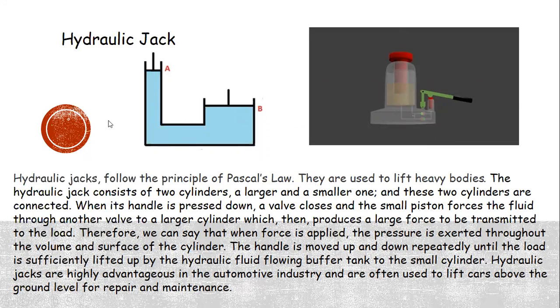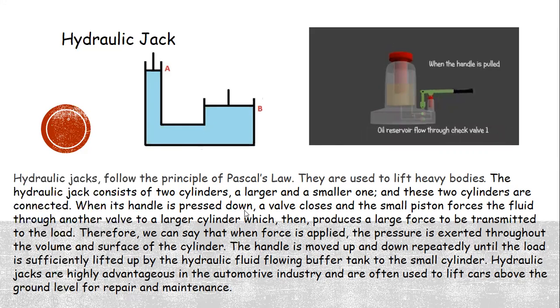It consists of two cylinders, one narrow and the other wide. You can see that when the handle is pulled repeatedly, it lifts the load, and this is what is used in your car. The handle is repeatedly pulled up and down.